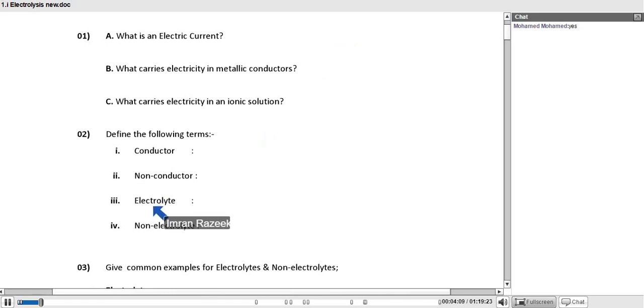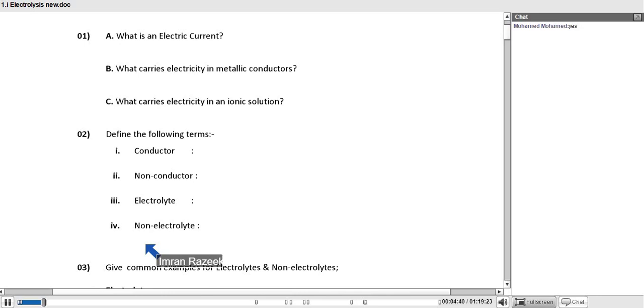Likewise, electrolytes are species which contain free mobile ions. Like conductors have free electrons to carry electric current, electrolytes contain free mobile ions. So electricity is carried by mobile ions in electrolytes, like electricity is carried by electrons in conductors. As for non-electrolytes, there are no free ions to carry electric current.